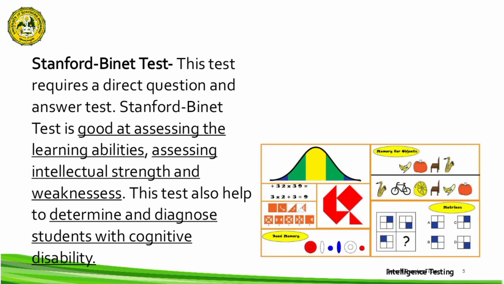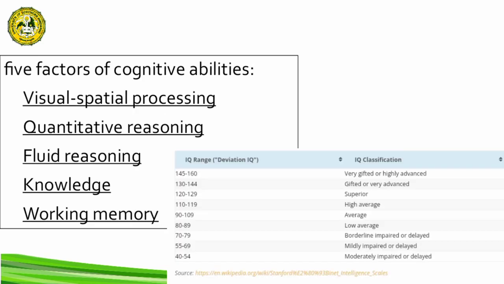These tests also help to determine and diagnose students with cognitive disability. That figure na nasa slide is an example of the questions or figures na nasa Stanford-Binet test. As already mentioned kanina, the Stanford-Binet test measures different cognitive abilities.